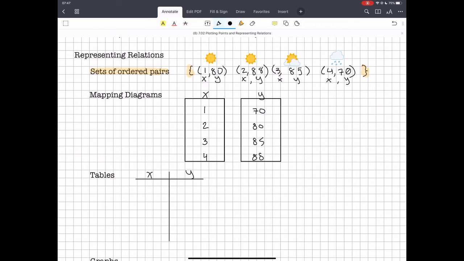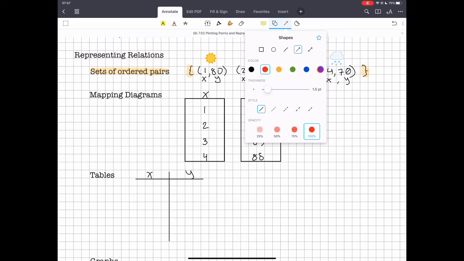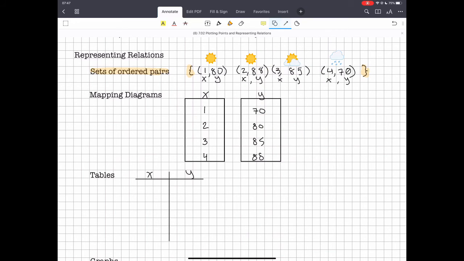So this is how we organize it. They go in order. And then to show the relationship between them, we would have to connect them from the X box to the Y box. So 1 hour was 80 degrees. 2 hours was 88 degrees. 3 hours was 85, and 4 hours was 70.